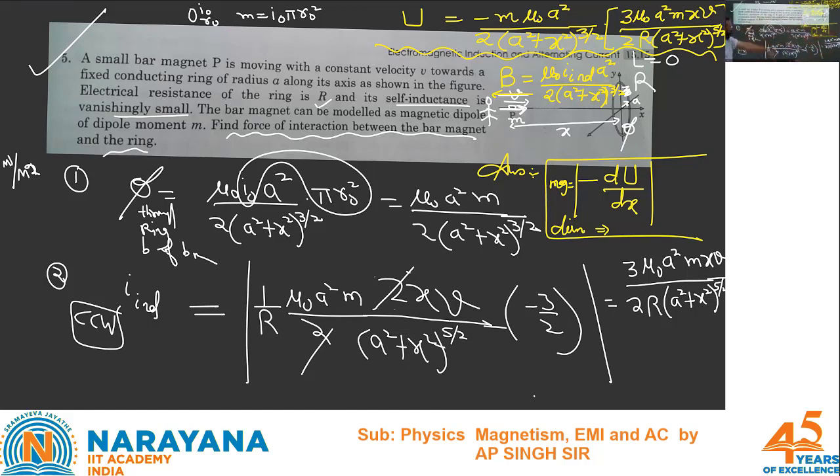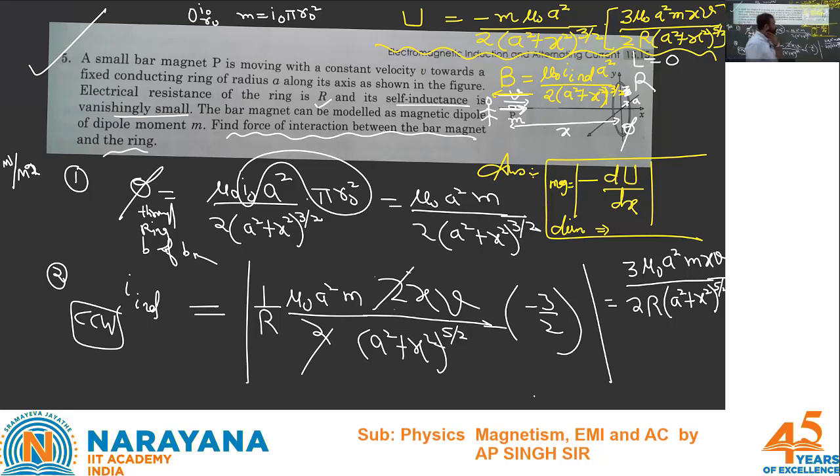But the core idea of the problem was reciprocity. I will repeat the steps. It is a magnetic dipole which will have some flux through the bigger ring. To write the flux, again, you have to use reciprocity. Once you get that flux, its rate of change will give an induced EMF and current. That will generate a magnetic field.